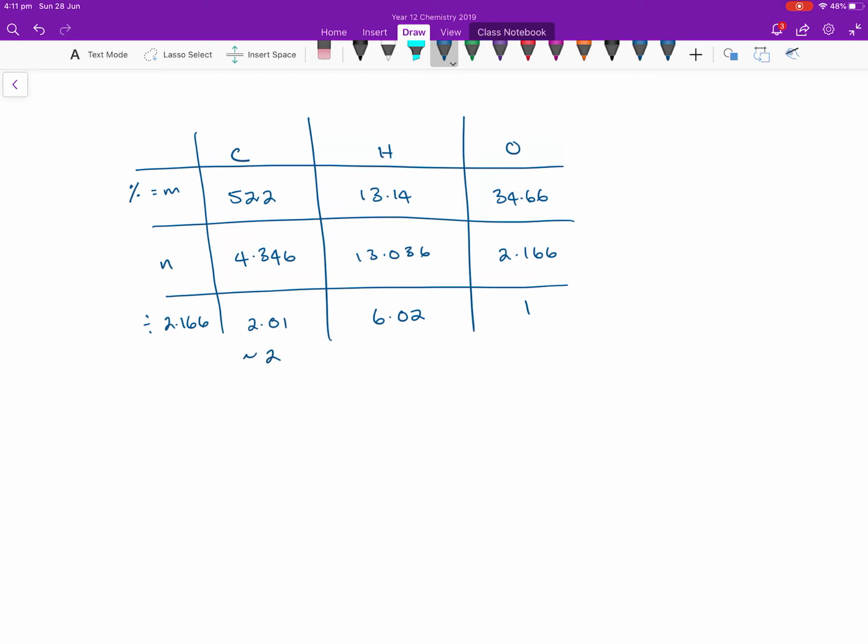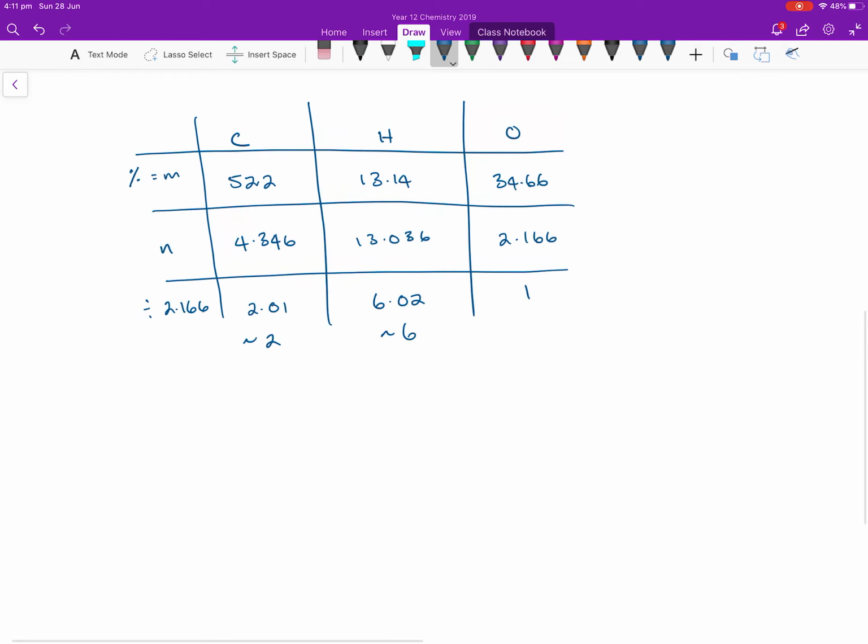So this is approximately 2 for carbon, approximately 6 for hydrogen, and the oxygen is 1. So in this example, our empirical formula, make sure you say that that's what it is, because remember it's different to the molecular formula, is C2H6O.